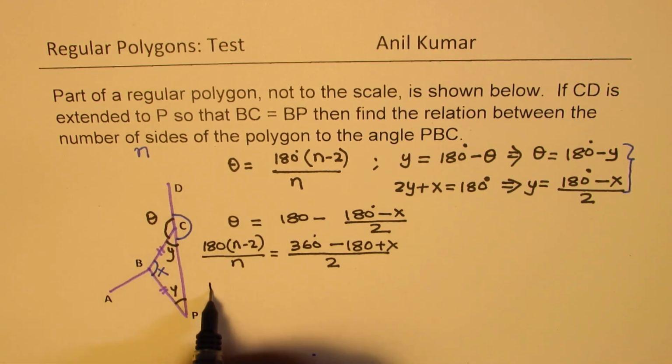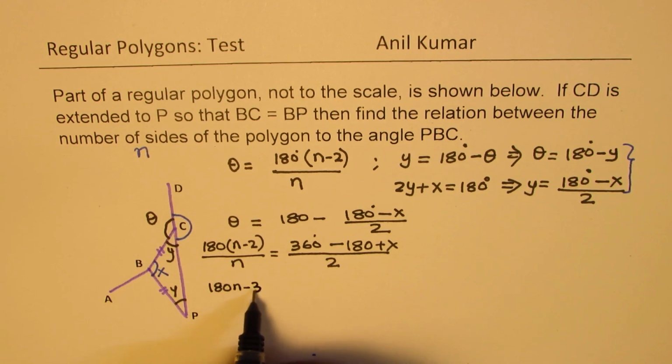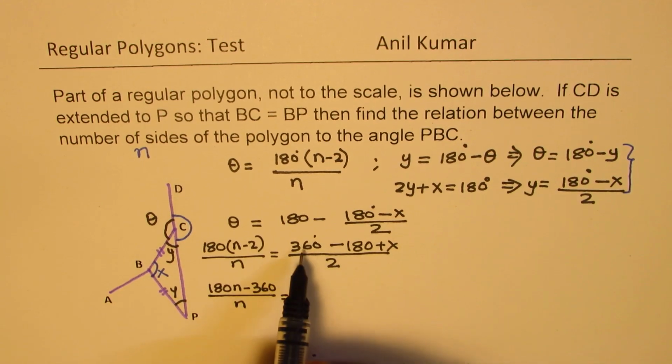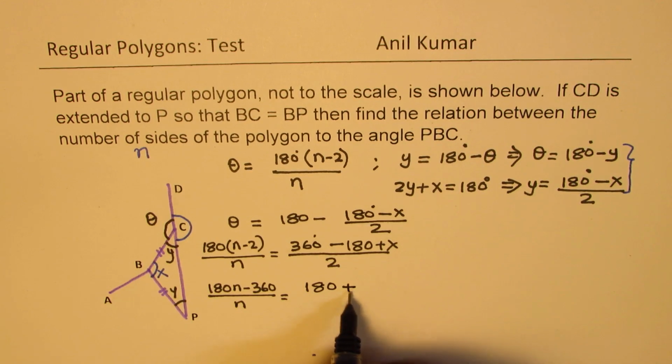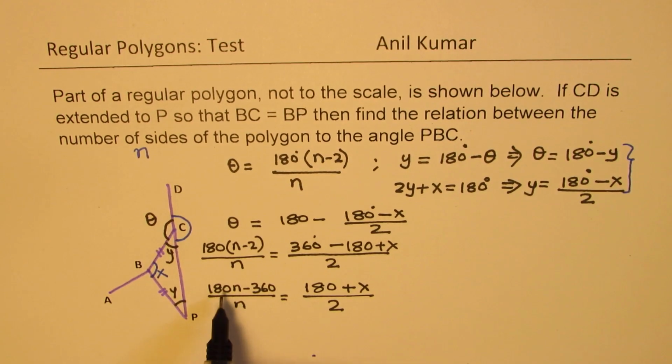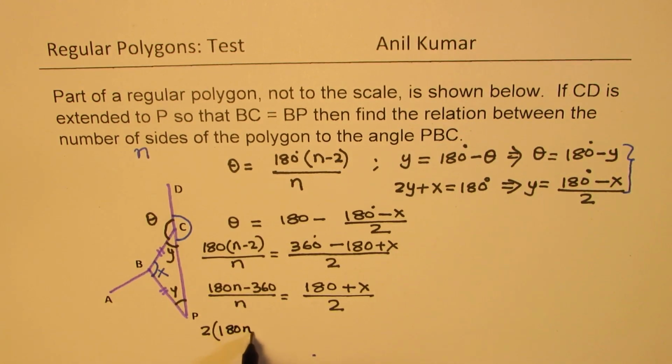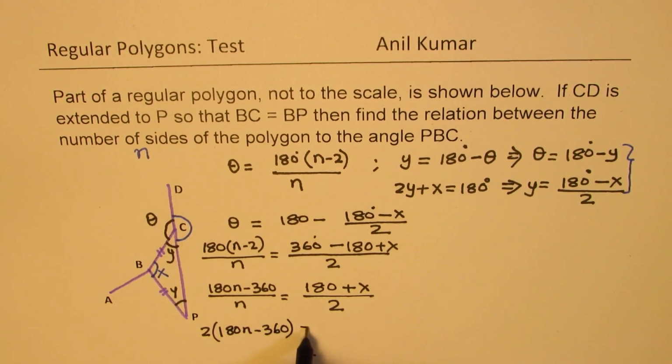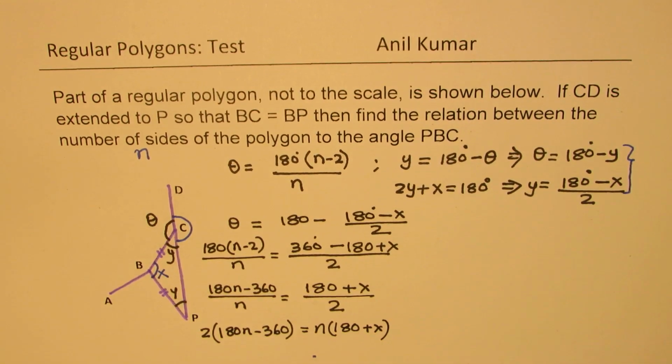Expanding the numerator, we get 180n minus 360 divided by n equals 360 minus 180, which is 180, plus x divided by 2. And now we can cross multiply, bring n together and then simplify, right? So multiplying this by 2, we get 2 times 180n minus 360 degrees equals n times 180 plus x.